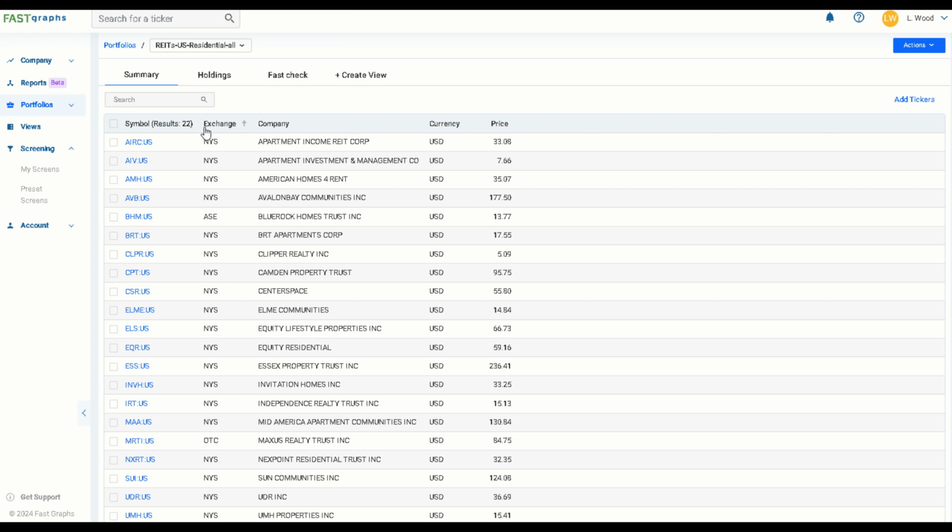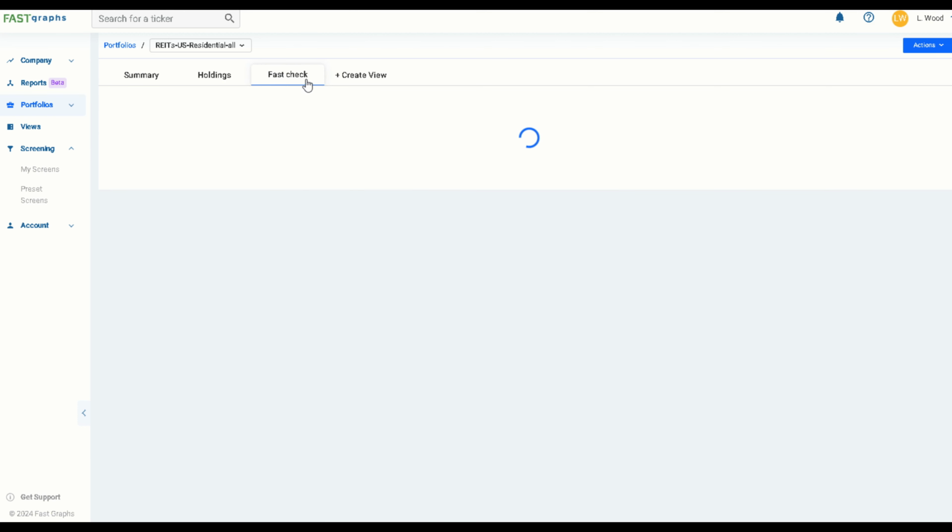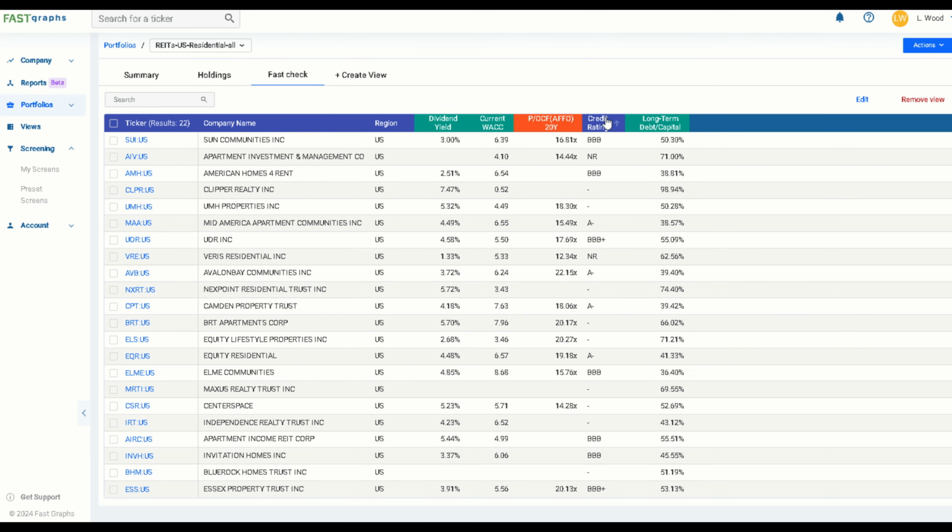A couple of things that I do like about FAST Graphs is, for example, I can create a view and it enables me to change what information and data I am looking at on this table here on the screen. So here, for example, I've got long-term debt to capital, credit ratings, AFFO over 20 years, current WACC, weighted average cost of capital, and dividend yields.